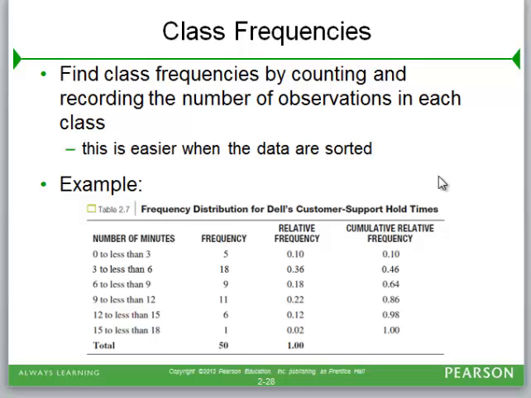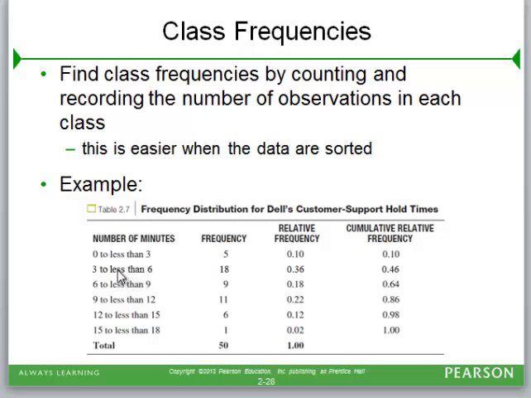There are 3 more important concepts that we need to know. One is class midpoint, one is relative frequency, and the last one is cumulative relative frequency. Class midpoint is halfway between the 2 limits of the class, and we find it by summing up the 2 limits, then dividing by 2.